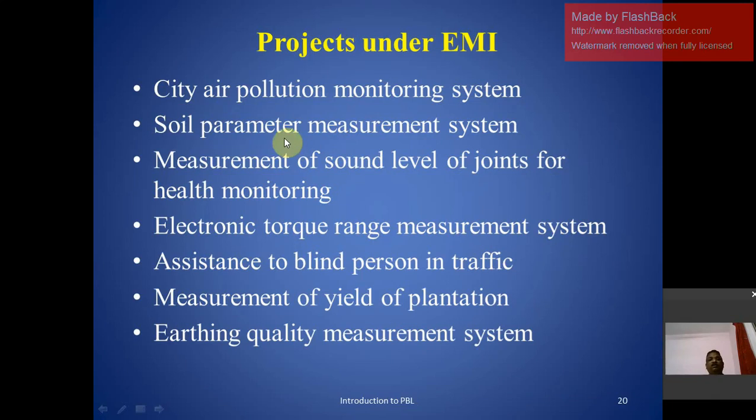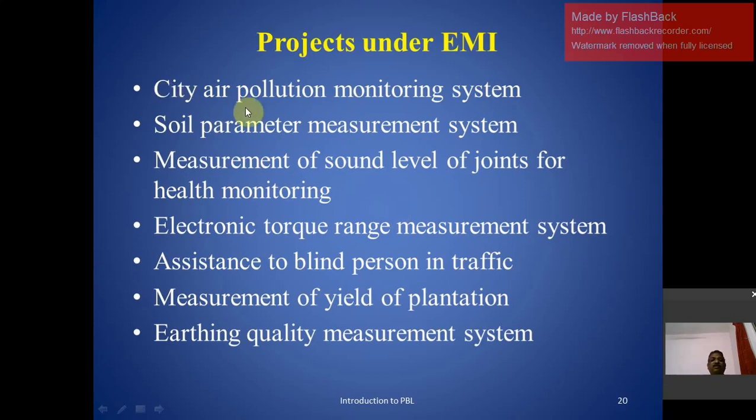Then projects under electronic measurement and instrumentation. We have defined these project ideas under electronic measurement and instrumentation. If you observe all the project ideas or problems, all are useful for society and somewhat innovative.